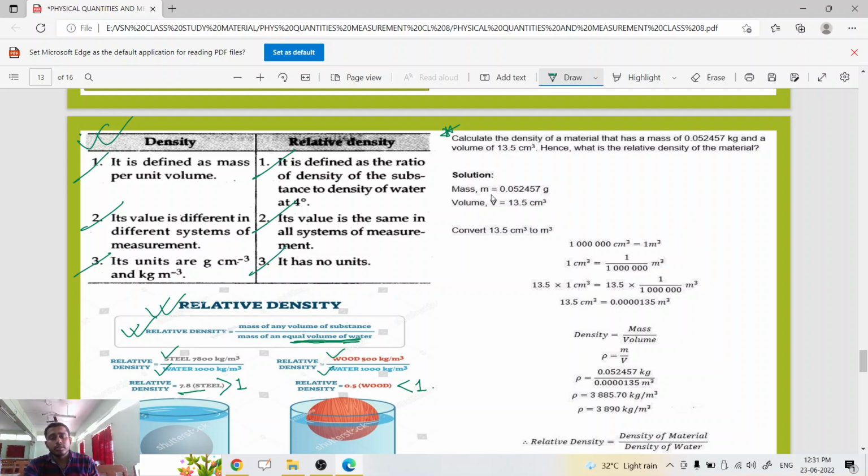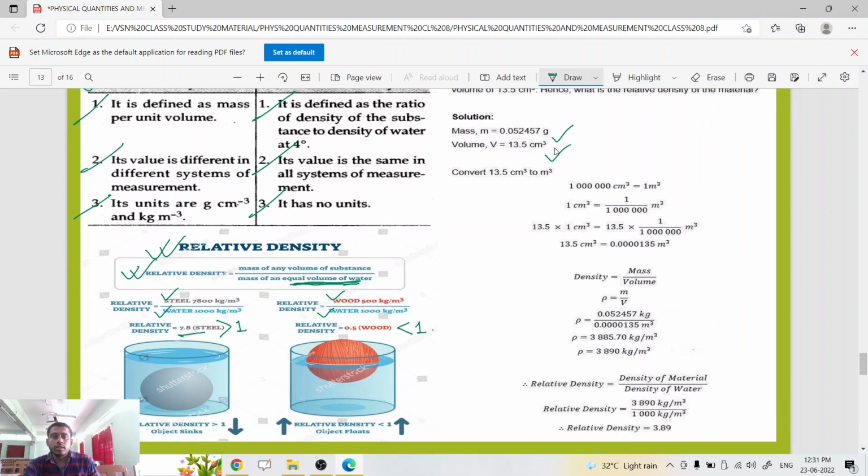Here at first you find the density of the material. Mass is given in gram and volume is given in centimeter cube. So we convert centimeter cube into meter cube, and we get the volume of the material in the SI system in meter cube.